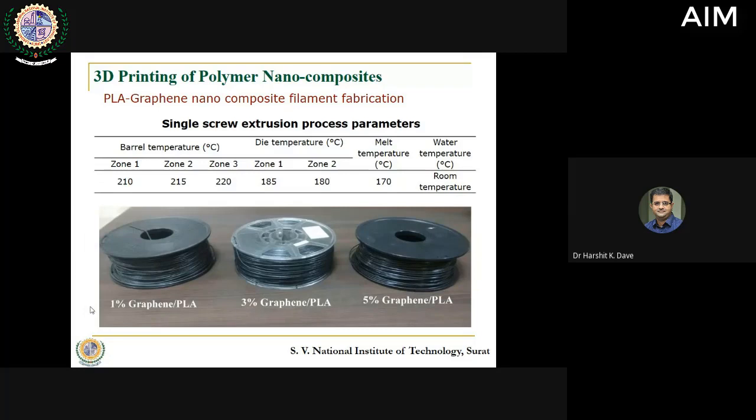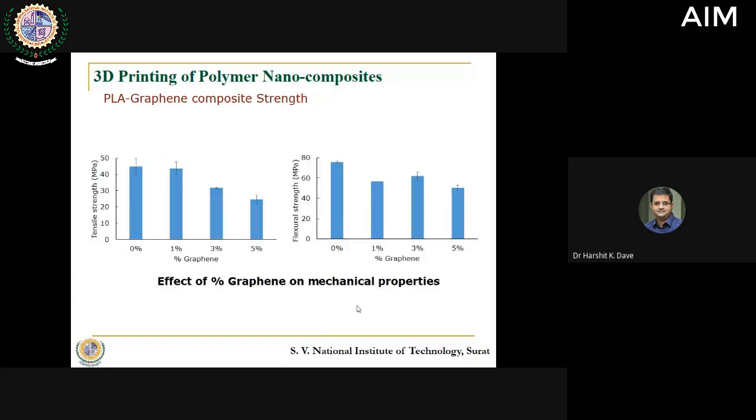We studied three different conditions, the 1%, the 3% and the 5% graphene PLA based extruded filament, and we found out some specific range and specific temperatures where this can be effectively printed. This worked well.